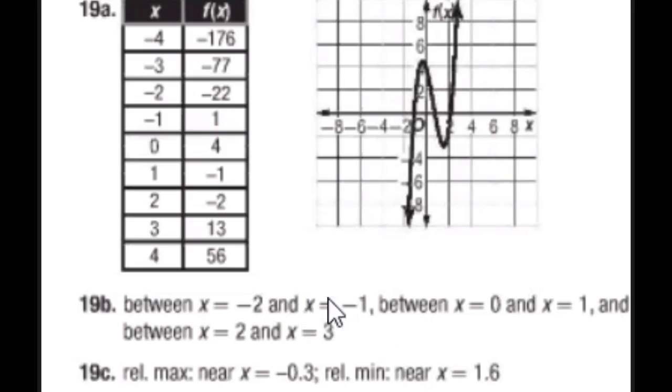This one is a little bit more. Your mins and maxes are perfect at 2 and 3. But your roots are between -2 and -1, and between 0 and 1, and between 2 and 3, and then your max and mins were at decimals.